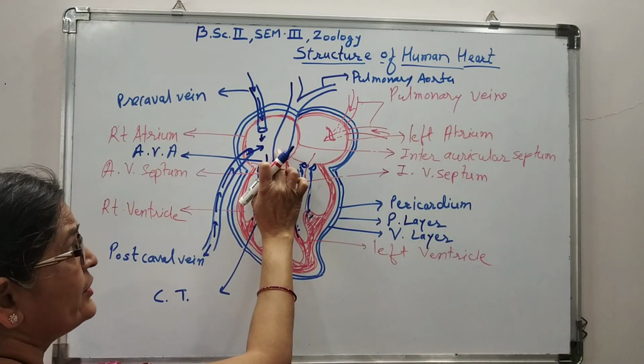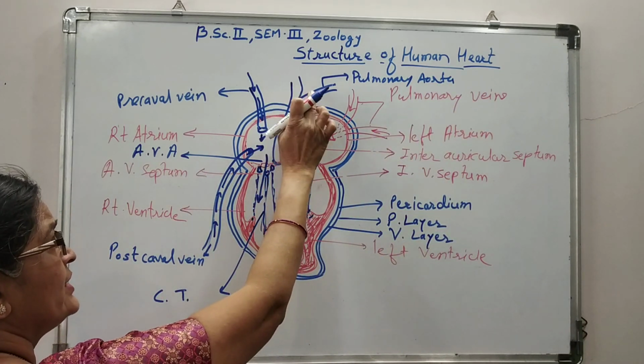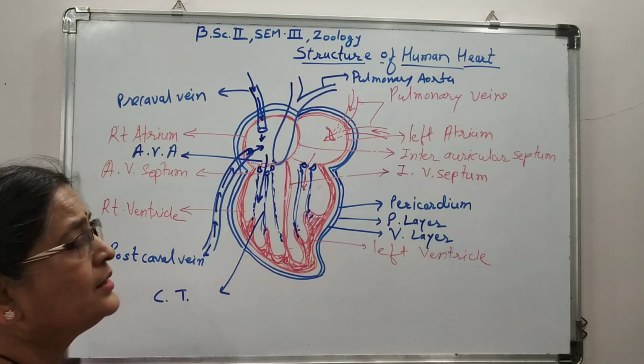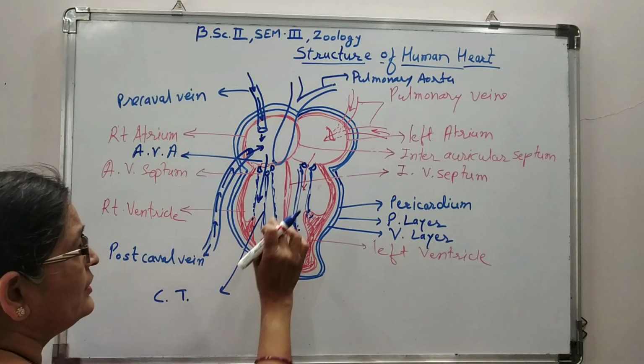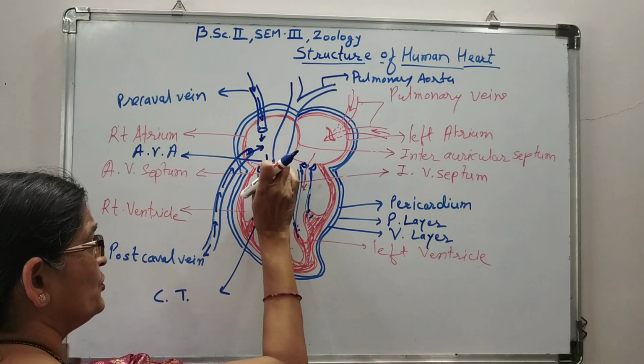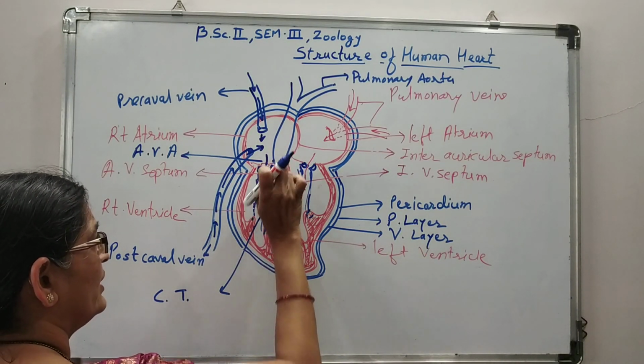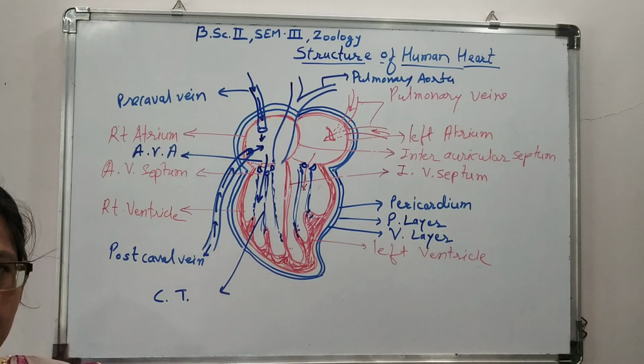This pulmonary aorta bifurcates and goes to the two respective lungs. Now here see, at this position, this pulmonary aorta opens in the ventricle.